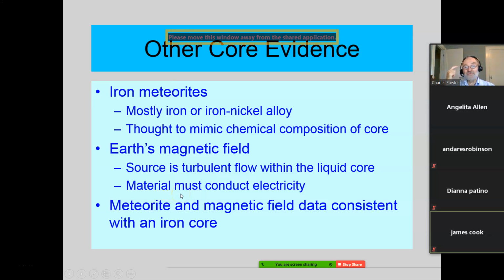Well, lots of materials do, but the fact that iron is predominant tends to make you think that core must be mostly iron. So the magnetic and meteorite data support the idea that you have a mostly iron core. And all the stuff coming up from volcanoes is mostly high iron content materials.